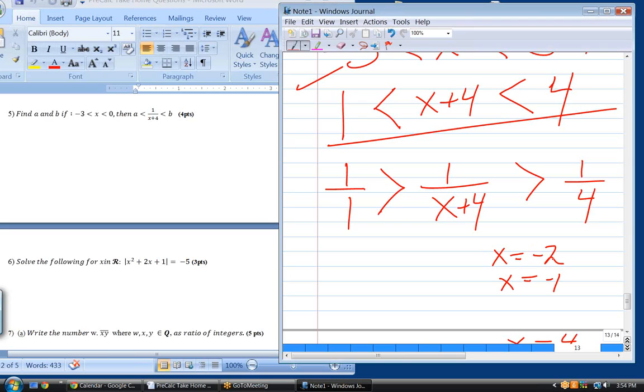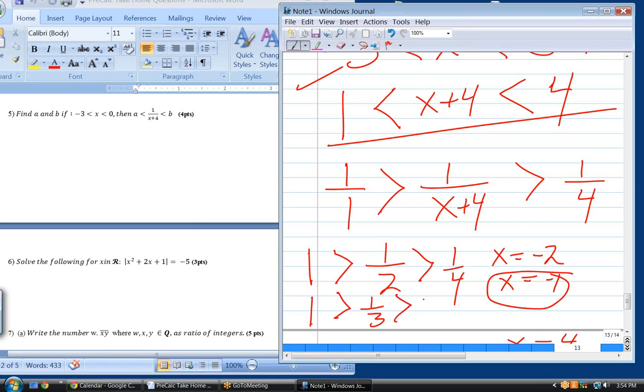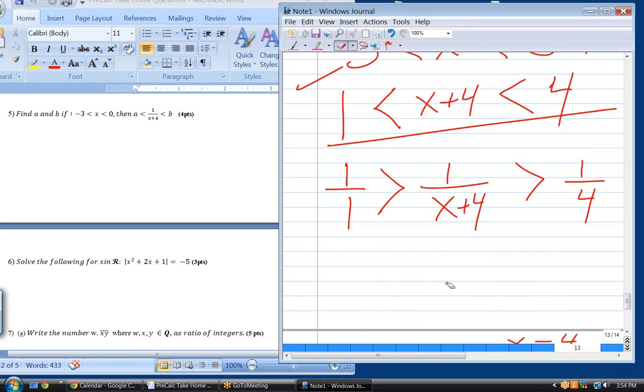Well, if I let x be -2, then I have 1 is greater than 1/2, which is true, and that's greater than 1/4, which is true. If I let x be -1, then I have 1 is greater than 1/3, and that is also greater than 1/4. So I apologize, I haven't done this kind of inequality in a while.